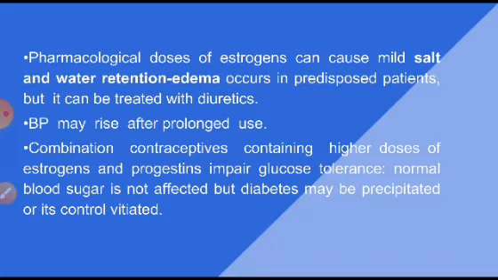Combination contraceptives containing higher doses of estrogens and progestins impair glucose tolerance. People who are taking contraceptives can have this kind of side effect, where impaired glucose tolerance can be seen. Normal blood sugar is not affected, but diabetes may be precipitated or its control vitiated.